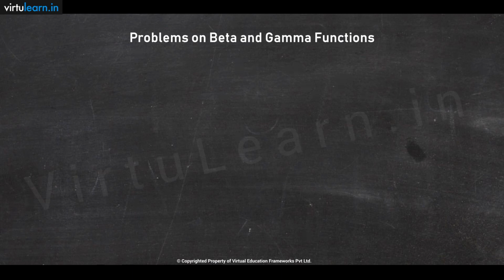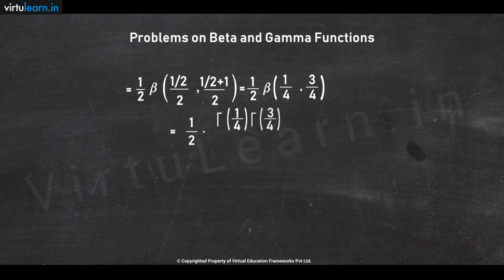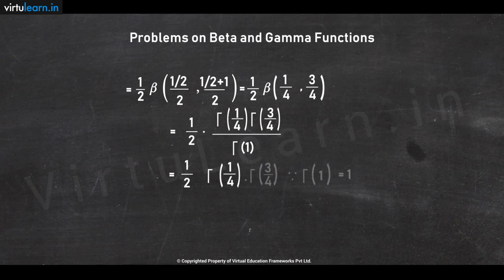Therefore, this becomes half of beta (-1/2+1)/2, (1/2+1)/2, or it becomes half of beta 1/4, 3/4. Or expressing in terms of gamma functions, we get half of gamma 1/4 gamma 3/4 divided by gamma 1. Since gamma 1 is 1, this becomes half of gamma 1/4 gamma 3/4.